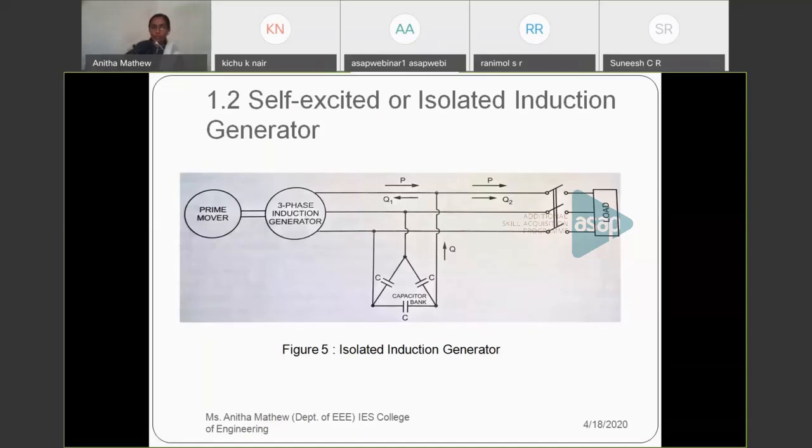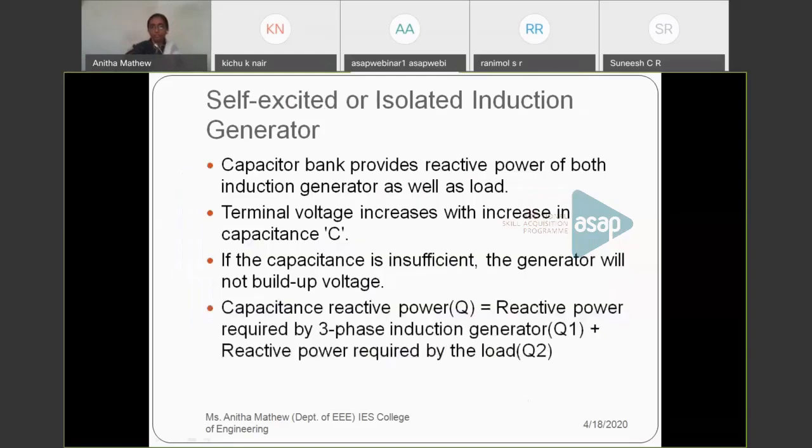And the three-phase machine provides P, that is active power, to the load. Okay, understood? This is clear.